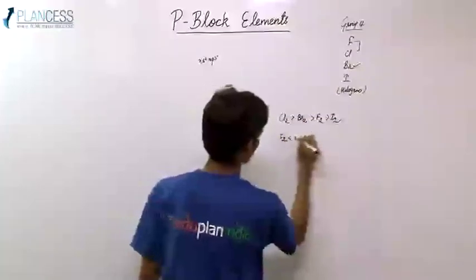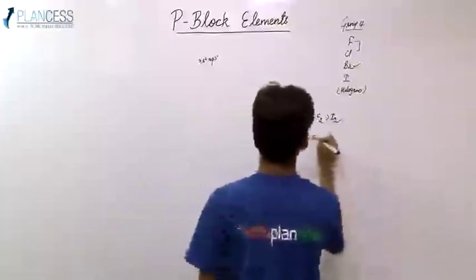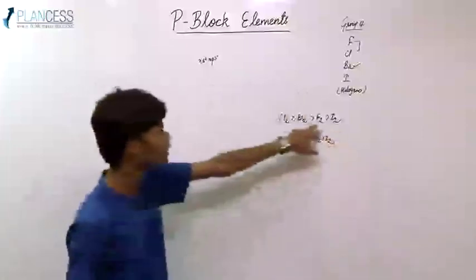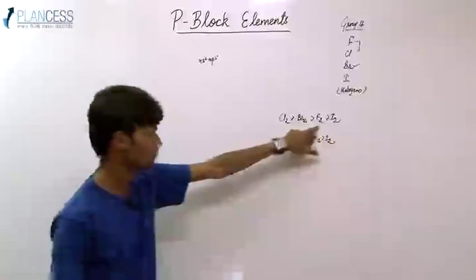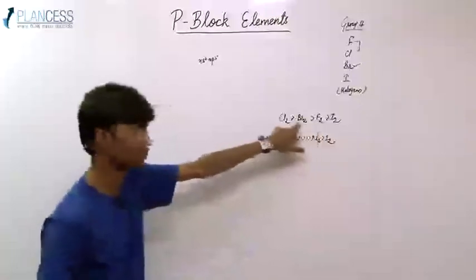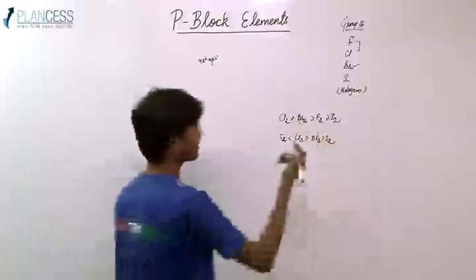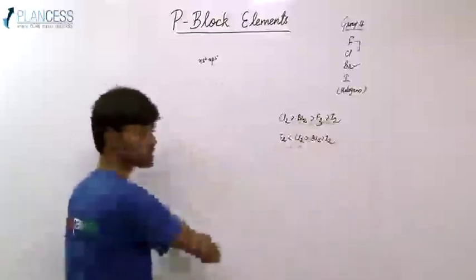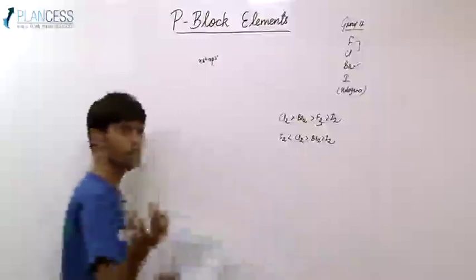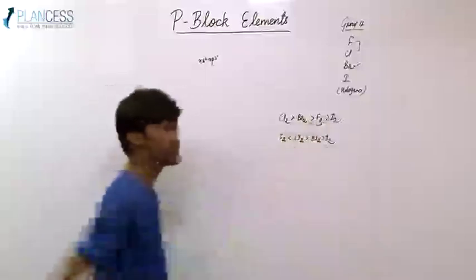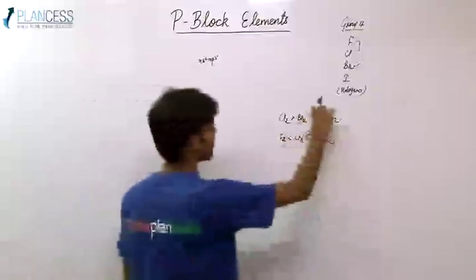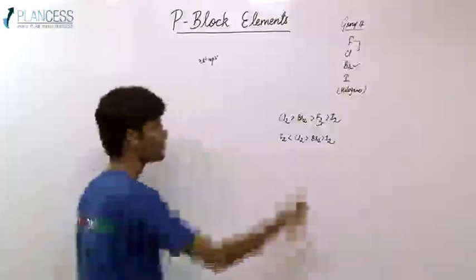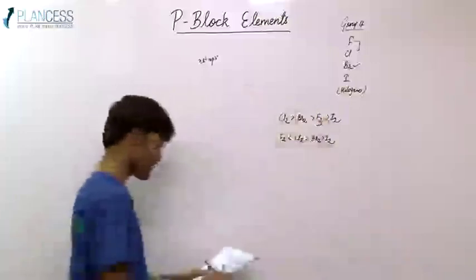You can comment about something like this, that Cl2, Br2, I2, but the exact position is determined experimentally. F2 has bond strength less than that of Br2. A very peculiar thing is that F2 has a small bond length, because it is said that if bond length is less, then bond strength would be greater. But in this case F2 has a smaller bond length than Cl2, and yet the bond strength of F2 is less than that of Cl2.